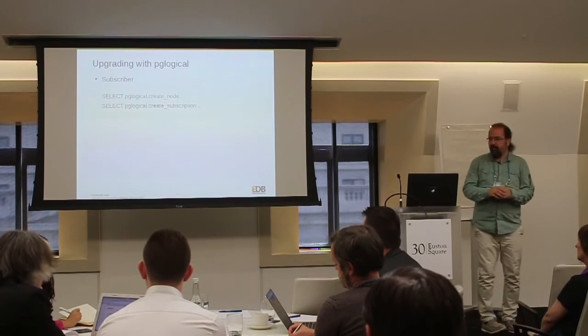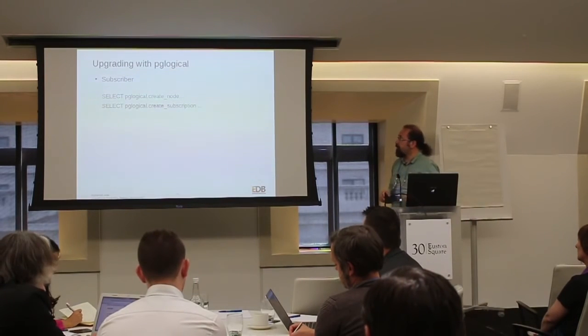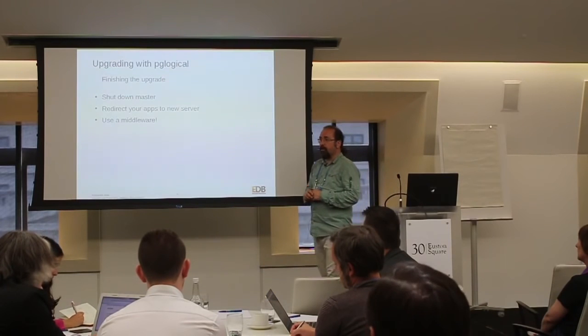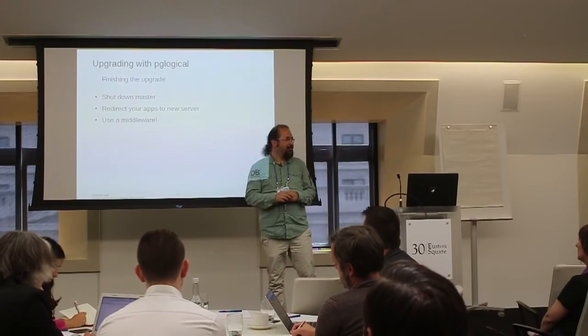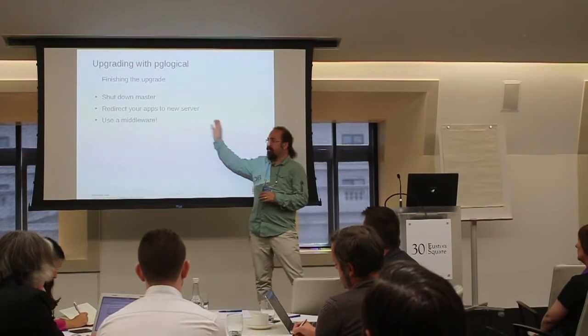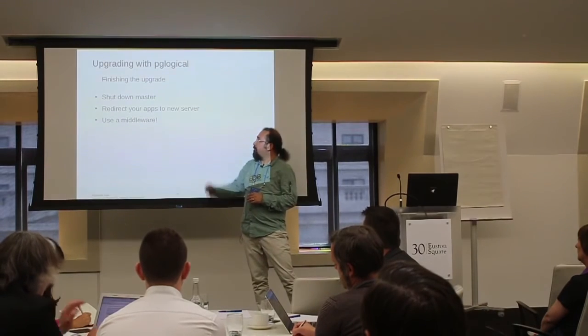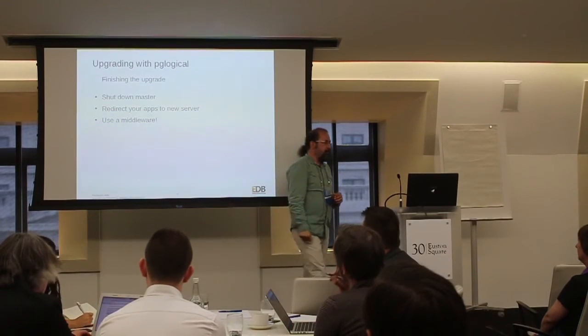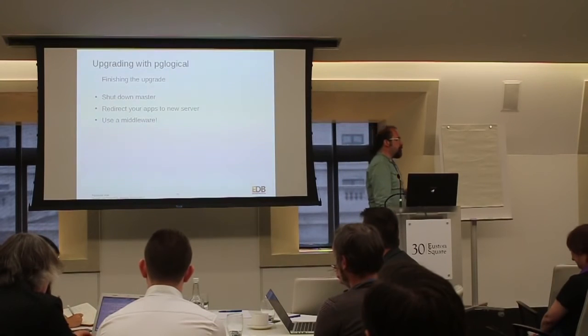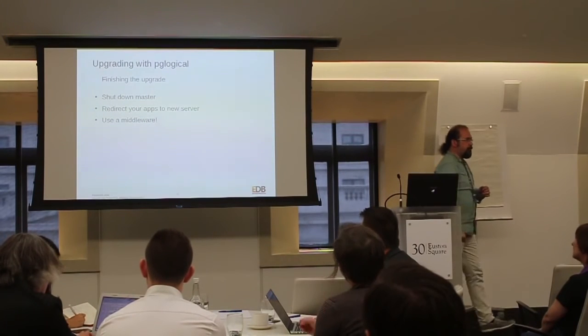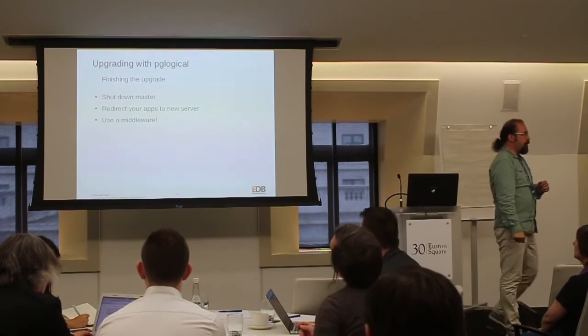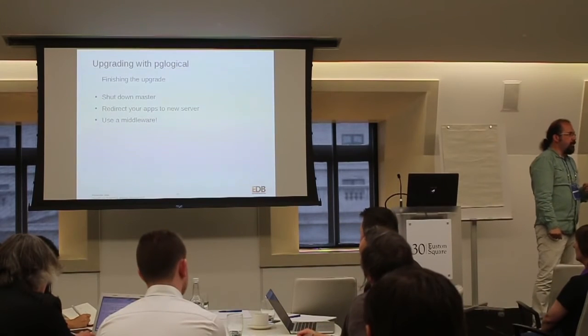Once the replication is completed, now we are talking about upgrades. You shut down the master and redirect your application to the new server, or use middleware. What kind of middleware can you use here?